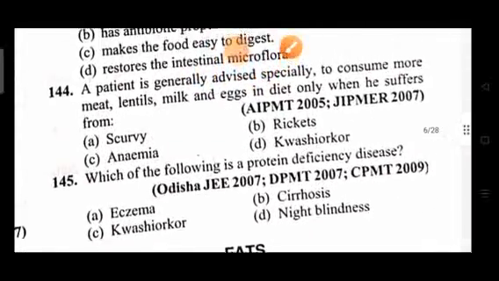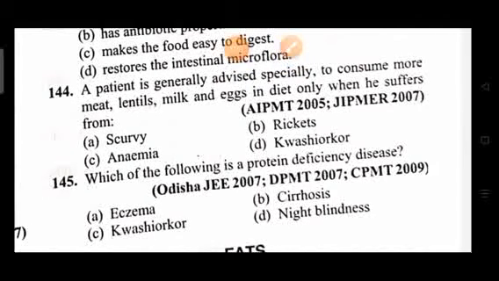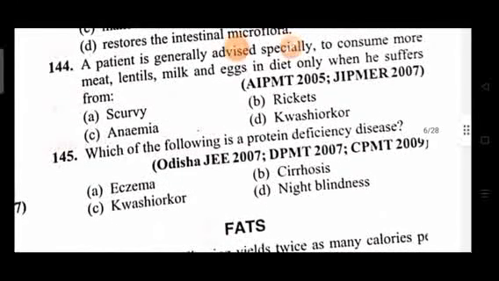Next, a patient is generally advised to consume more meat, lentils, milk and eggs in the diet only when he suffers from what? He may be suffering from protein malnutrition.